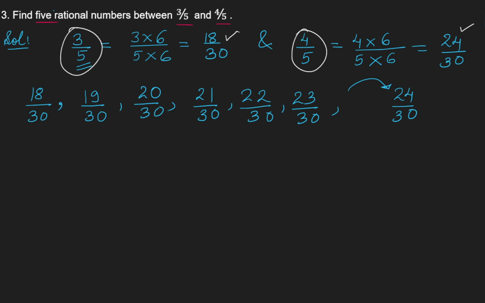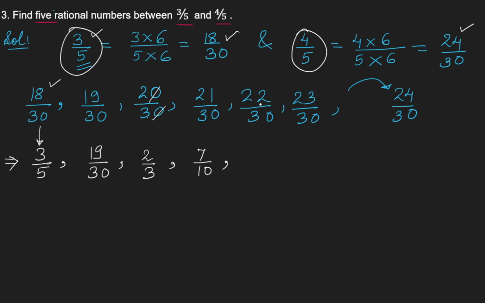Do one check. Can we reduce any of these numbers to their standard form? I think yes, right? So let us reduce them. So in the second step, instead of this, I am writing 3 by 5 because we are reducing them to their standard form. So this becomes 3 by 5, which is our question. 19 by 30 could not be reduced, so it is as it is. 20 by 30, when divided by 10, you get 2 by 3. 21 by 30 divided by number 3, so you get here 7 by 10.